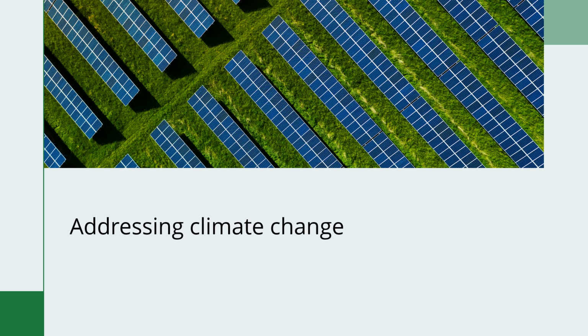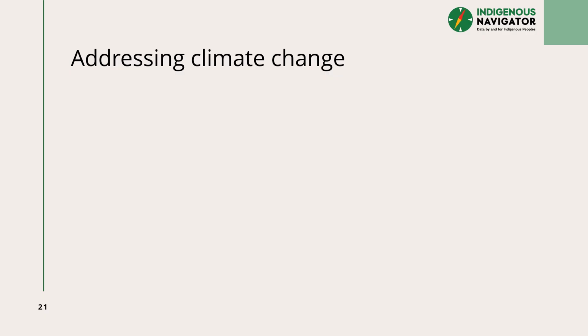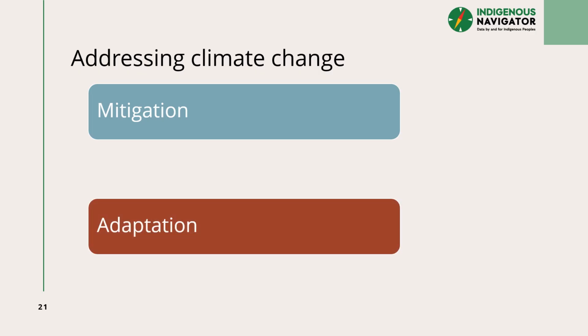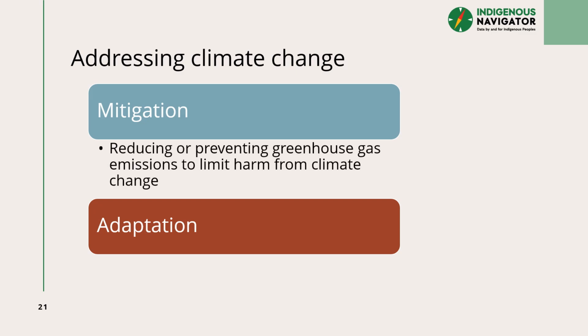When understanding climate change, it's important to also understand ways that people are managing and addressing climate change and its impacts. Addressing climate change. There are two main strategies for addressing climate change: mitigation and adaptation. Both mitigation and adaptation activities are important. Mitigation involves reducing or preventing greenhouse gas emissions to limit further harm from climate change.